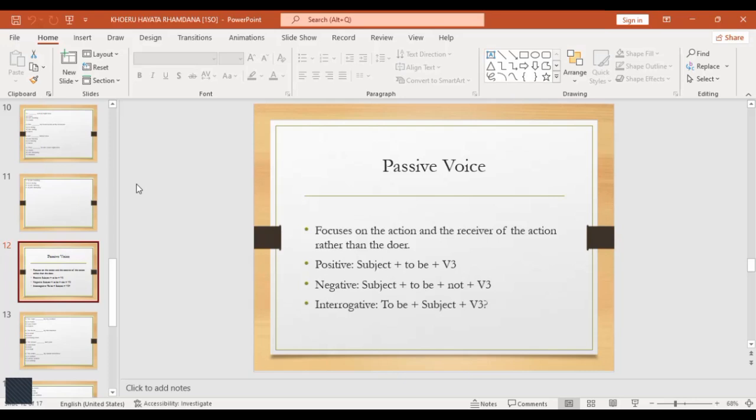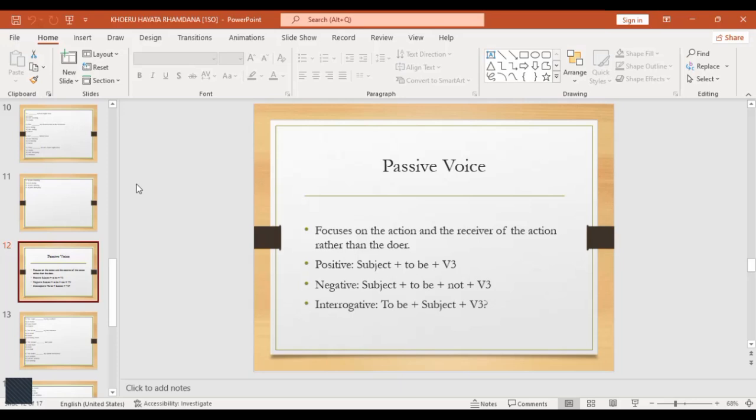The word by is used to mention who is performing the action, although sometimes the agent can be omitted if it's not important. Another example is the book was written by the author. In this case, the focus is on the book, not the author.